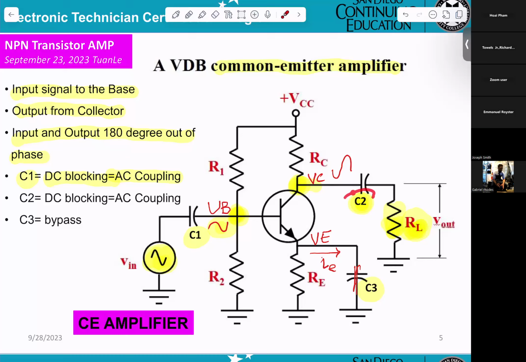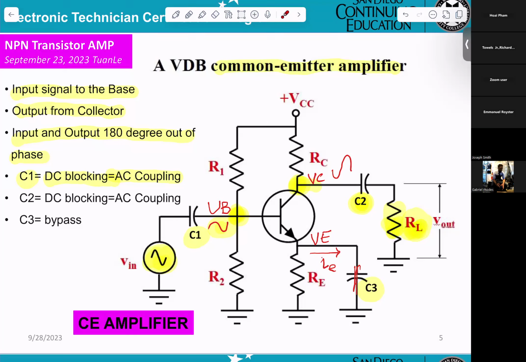And the next capacitor C2, same thing. At the collector, you get DC voltage and AC signal. C2 will block the DC and allow only AC to go to the load.